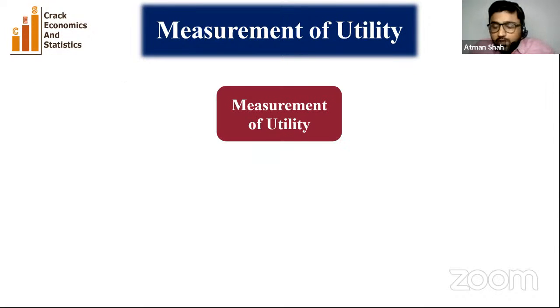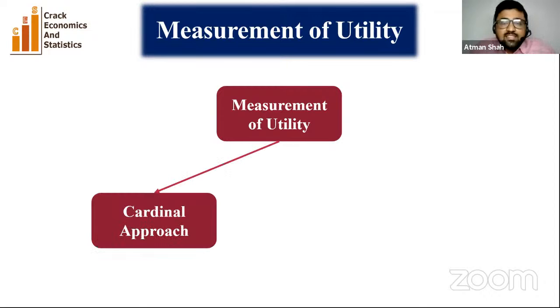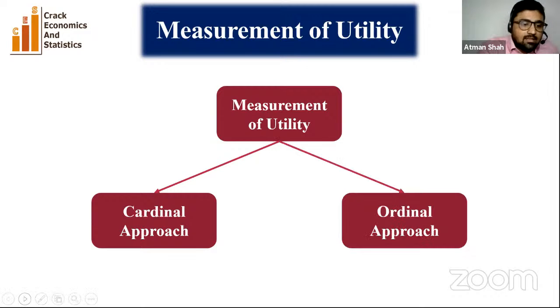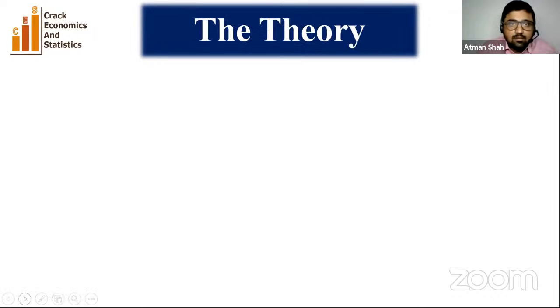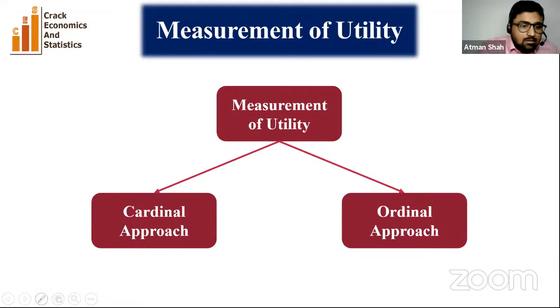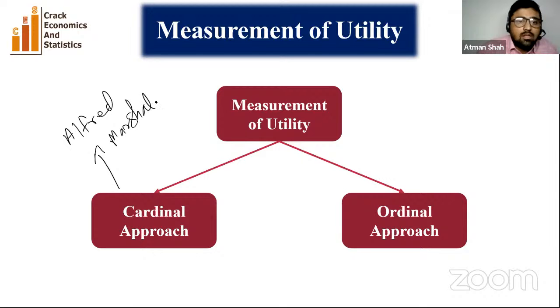The measurement of utility has two approaches. First is the cardinal approach, which is developed by Alfred Marshall, and according to this approach, utility can be quantified.